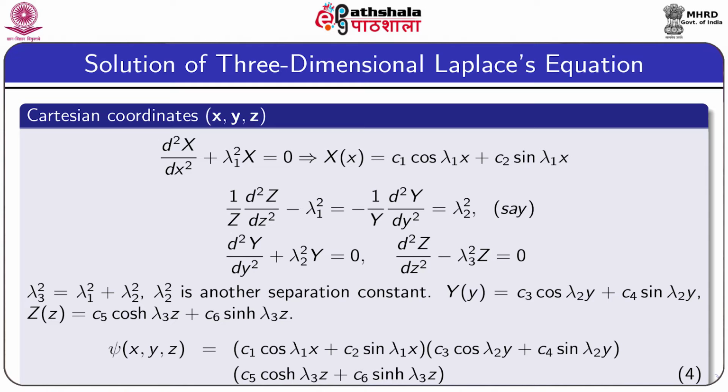So, the only option to satisfy the boundary condition is sin lambda 2 b equals 0.